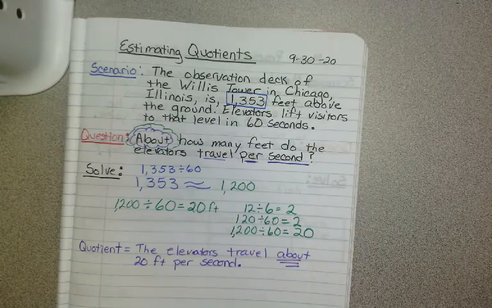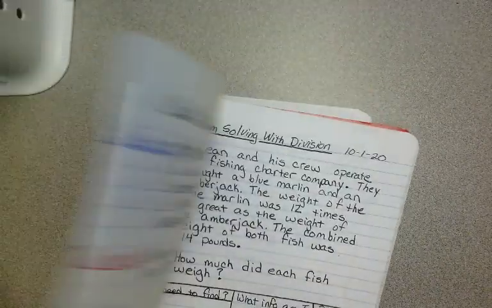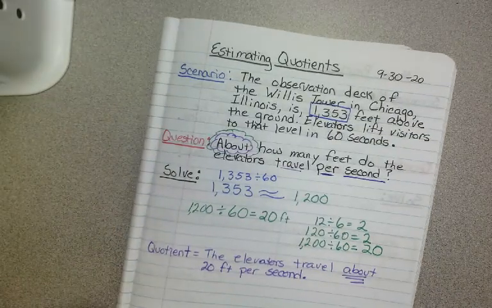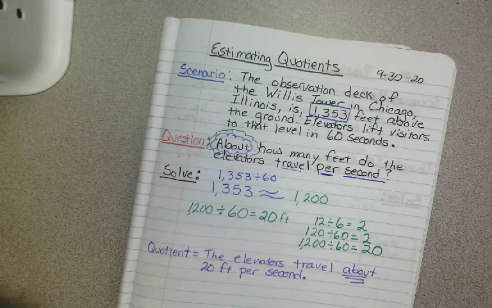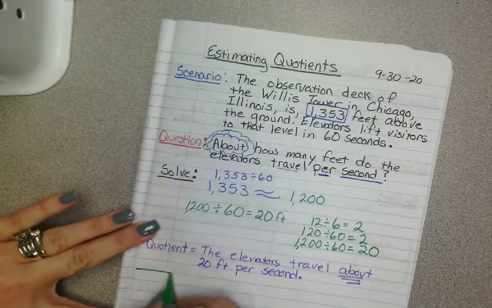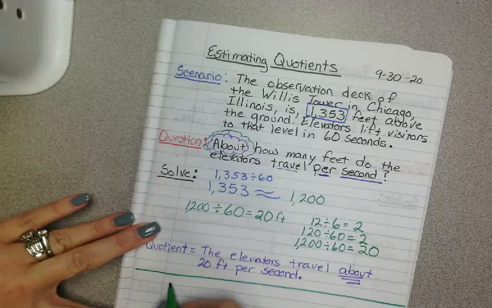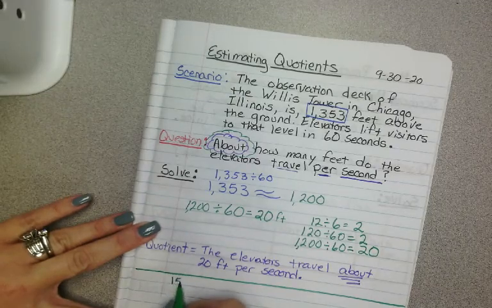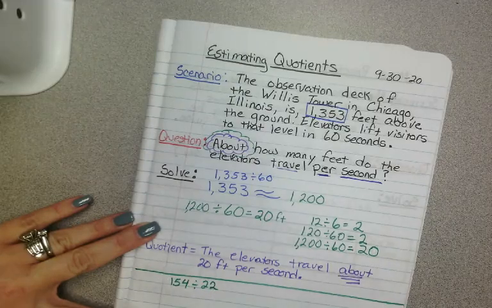Okay. So let's just think about this for a second. What if we were going to do another one? Let's just use another example. Let's say we were going to do 154 divided by 22, okay?